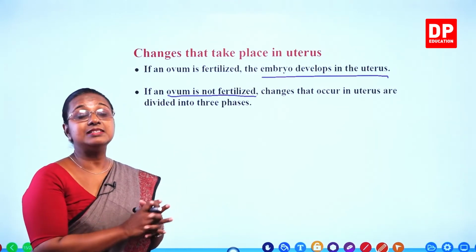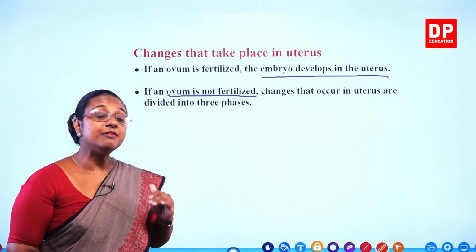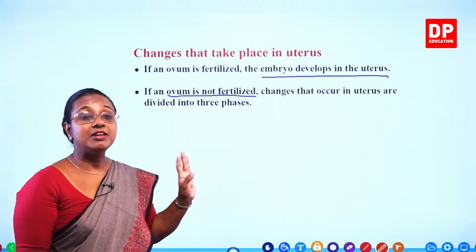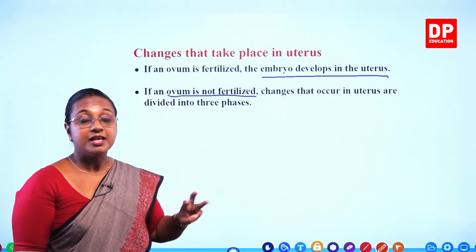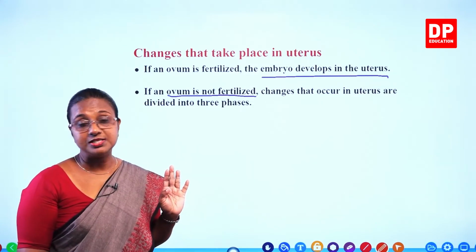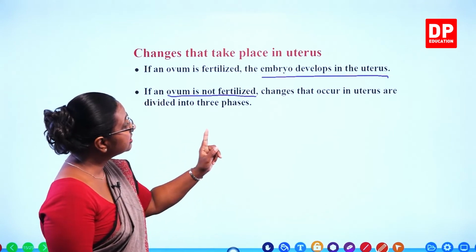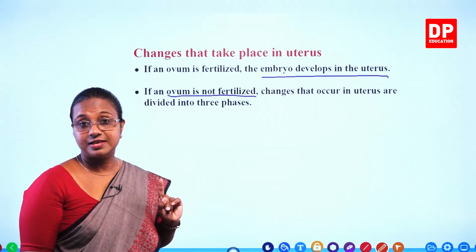But if fertilization doesn't occur, there will be 3 phases taking place inside the uterus. That is part of the menstrual cycle. So, the changes that occur in the uterus are divided into 3 phases.